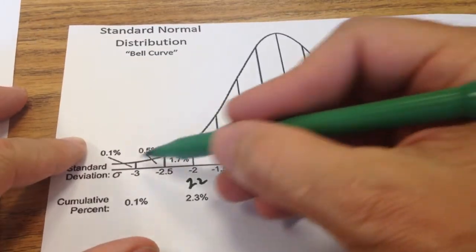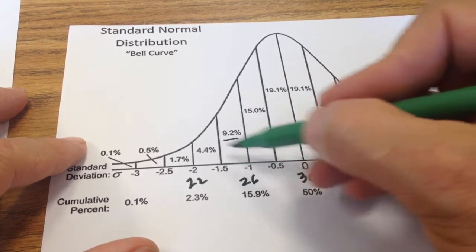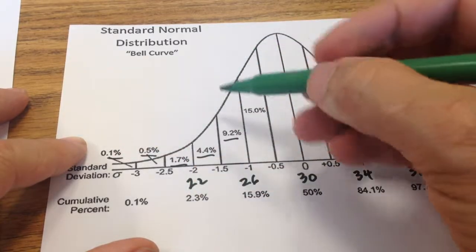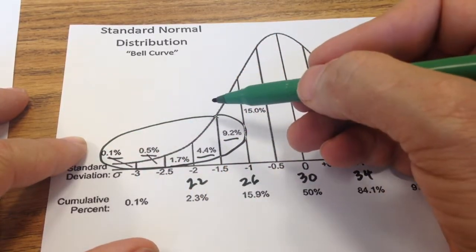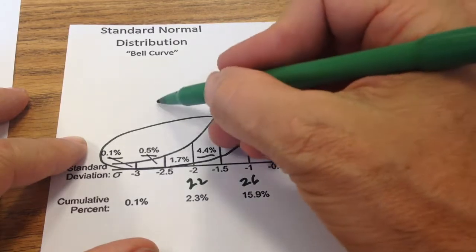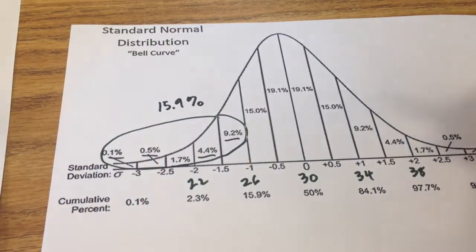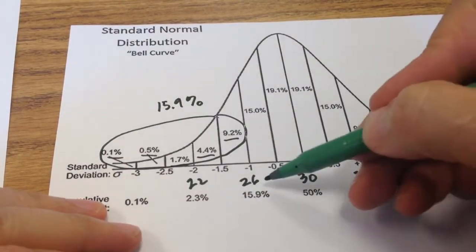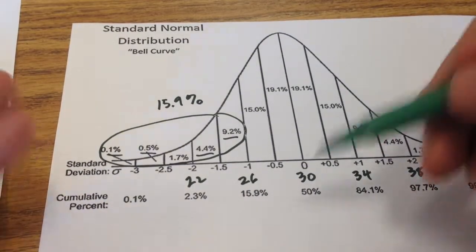And this is broken down in those percentages. 9.2 are between that amount and another 4.4 and a 1.7 and a 0.5 and a 0.1. If I add all those up, all this stuff over here is 15.9 if I've done my math correctly. So 15.9% of the fish that I pull out of this population of 500, I'm expecting to be below 26. That won't happen every time I pull fish out, but in general, that's what should happen.